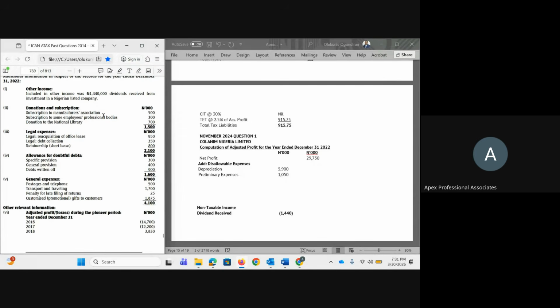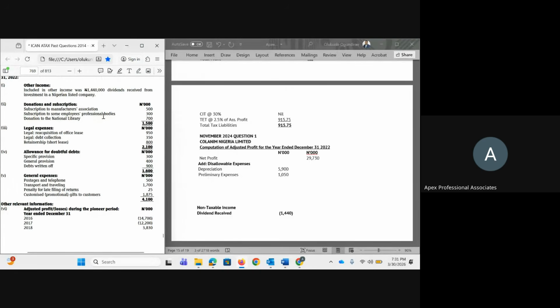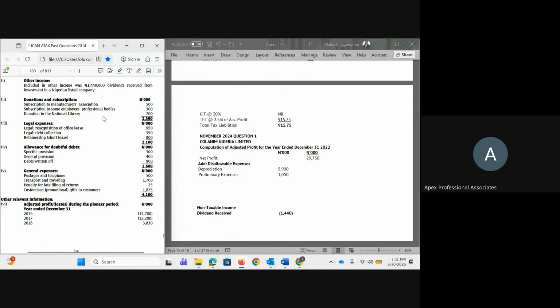Now, subscriptions. Are we together? Donations and subscriptions, we have Manufacturers Association, Employees Professional Body, and National Library. All of them are allowed, Abby. Then we have retainers, legal, reacquisition of office lease. Reacquisition simply connotes something of a capital nature, not a short-term lease, Abby.